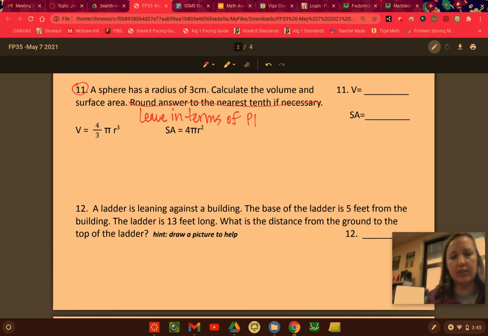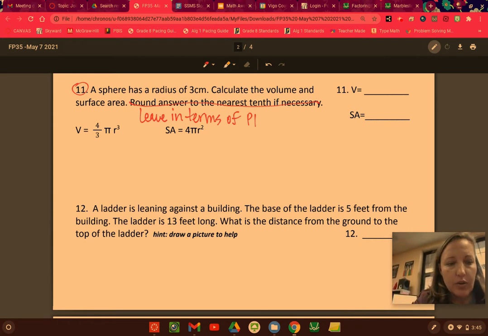So I should say precise. So the volume of the sphere is going to be 4/3 times pi times the radius cubed. And the radius we know of this sphere is 3. We have to remember our order of operations, so we're going to do our exponents. 3 times 3 is 9, times 3 is 27.